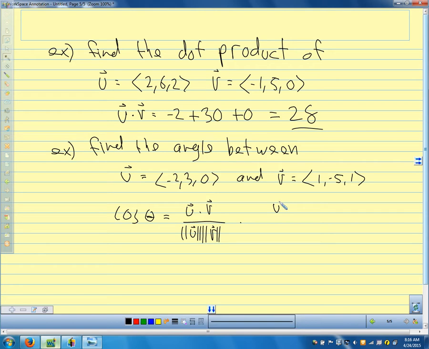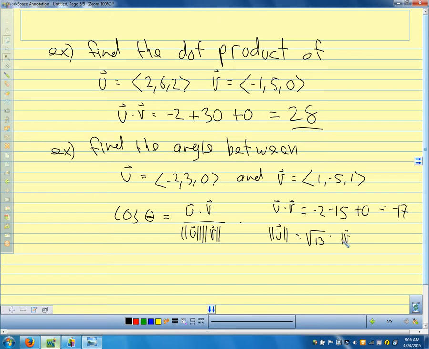So u dot v, dot products are easy. U dot v is negative 2 minus 15 plus 0 equals negative 17. And the magnitude of u, magnitudes are pretty easy as well. Square root of, let's see, what do we get? 4 plus 9, square root of 13.